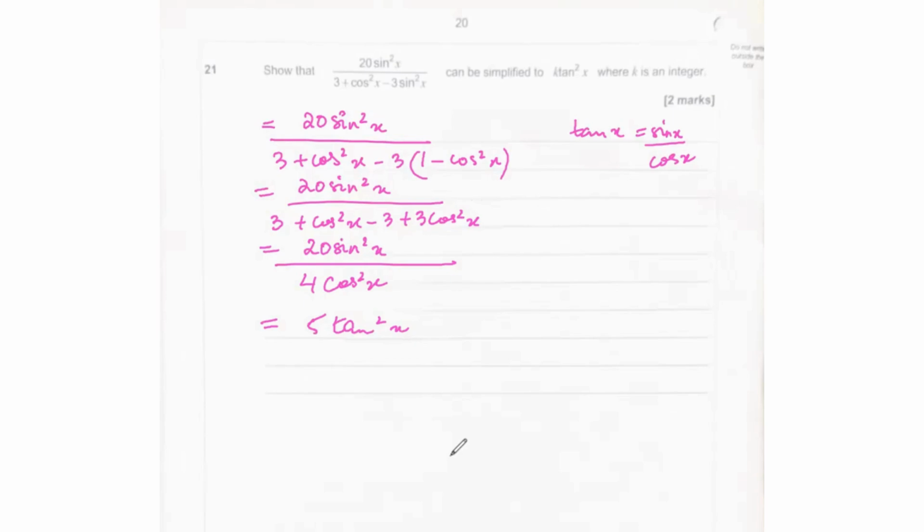So a key rule for this is that you need to remember your trig identity: cos squared x plus sine squared x equals 1, and tan squared x equals sine squared x over cos squared x. Next question says that a circle has center 2, 3 and radius 5. A straight line passes through 3, 7 and has a gradient of 2. Work out the coordinates of the 2 points where the circle and the straight line intersect.